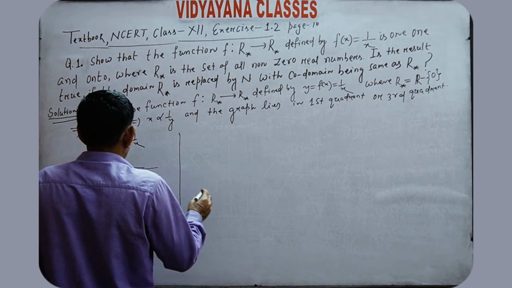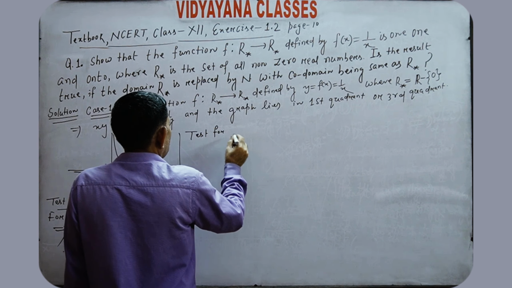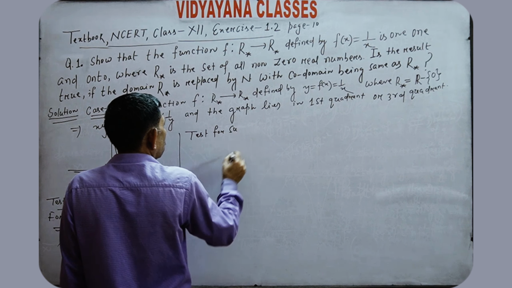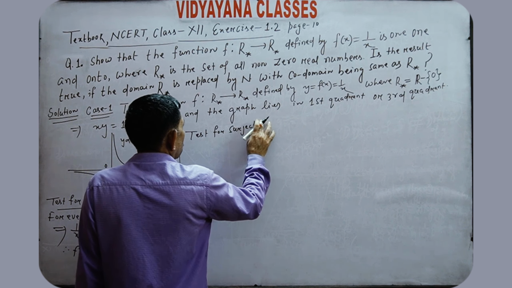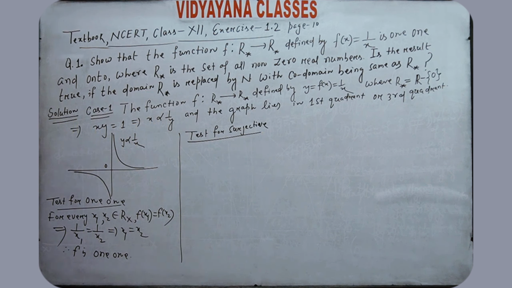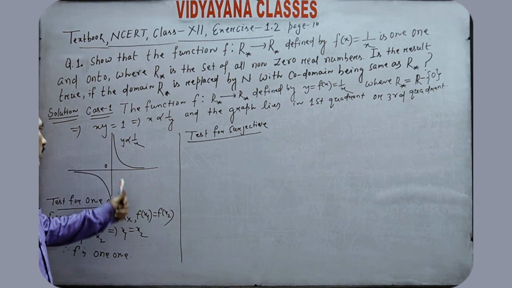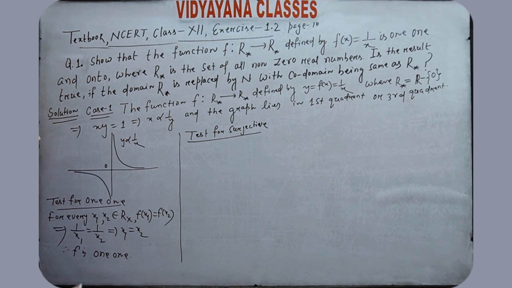Test for surjective. What is the range of the function? In the first quadrant, the value of y is 0 to infinity. In the third quadrant, the value of y is from 0 to minus infinity.